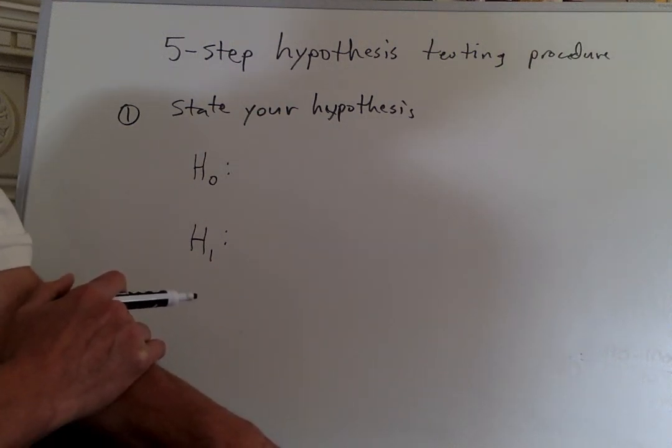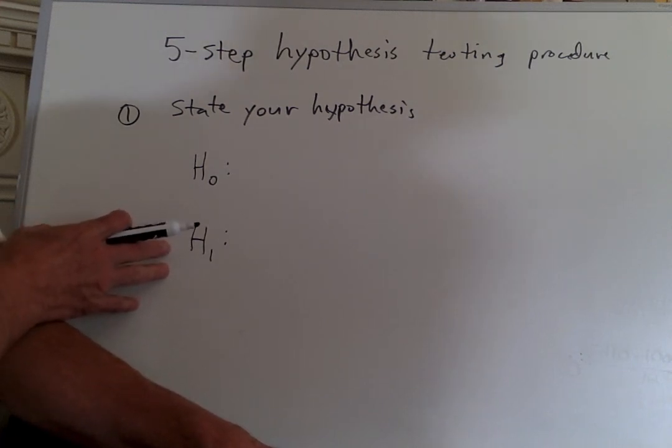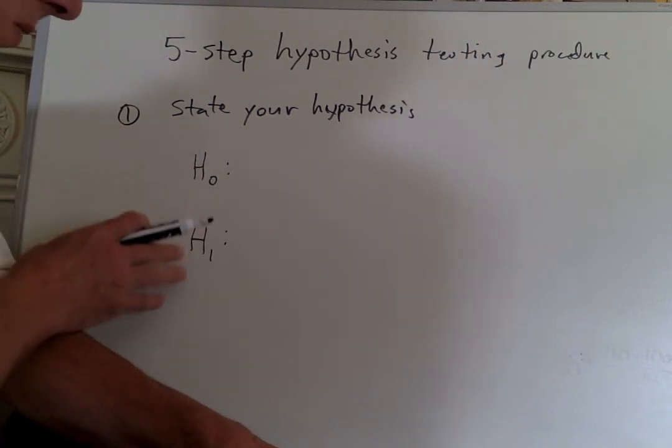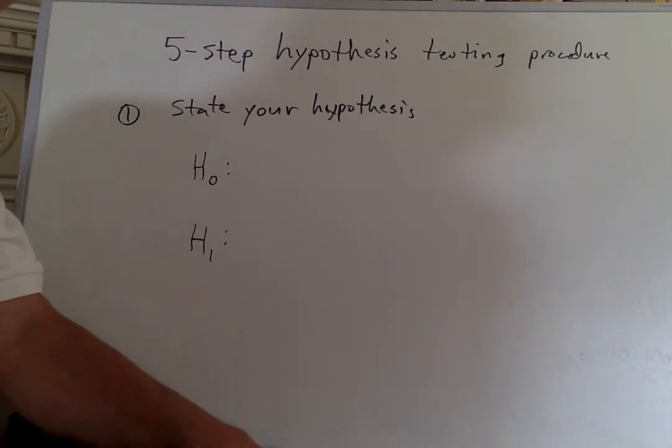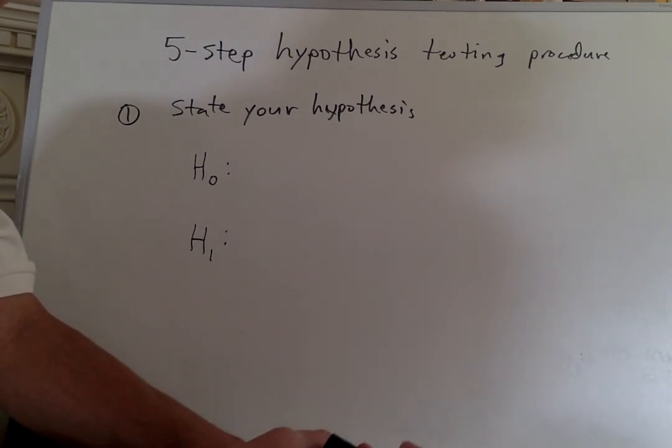And I'm going to start with this one first, and then we'll get to H sub 0, okay? So what do you think was our hypothesis for this experiment that I'm doing with my student Stan? What do you think the hypothesis was?